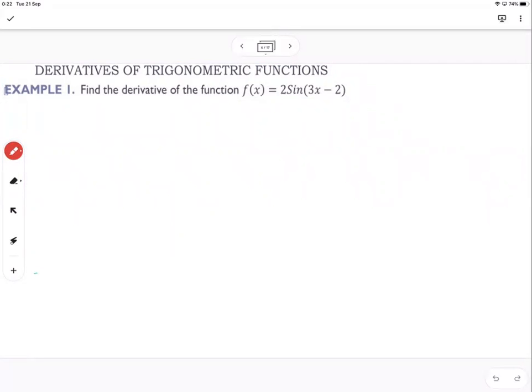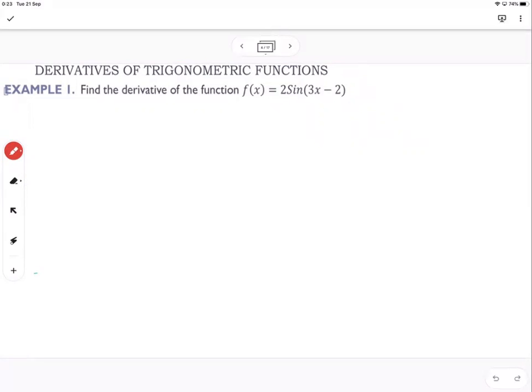So we can have problems where we have a polynomial times a trigonometric function, and the main rule that you have to use there is the product rule, and inside the product rule you will have to use the power rule and a trigonometric function rule, okay? So exactly the same as the previous rules we've been working with. Everything will be mixed now.